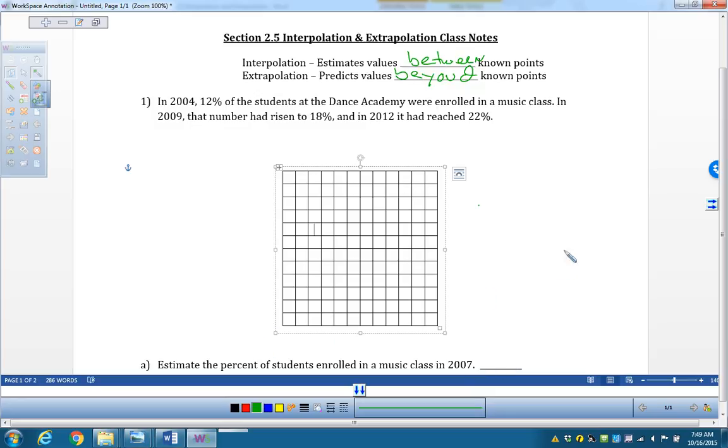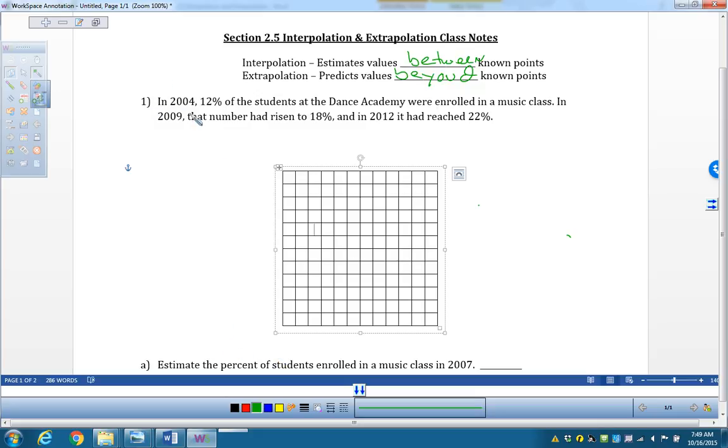Anyone have any ideas what I should put on the x-axis? Should I put years, or should I put percent? Probably years, right? Because the percent is based on the years. And then you kind of have to figure out a scale, okay?